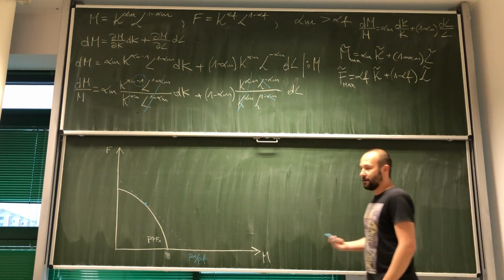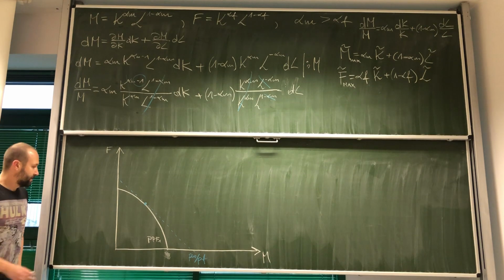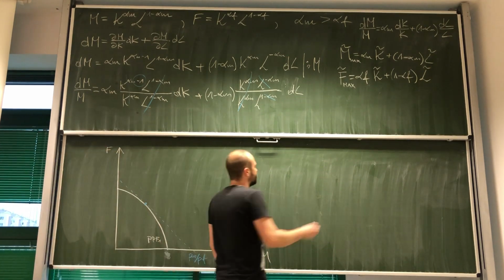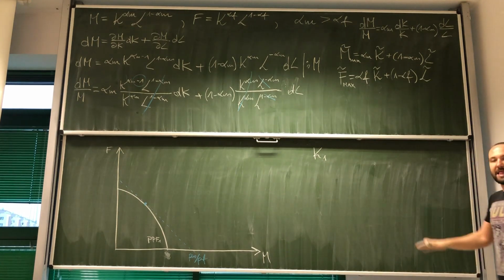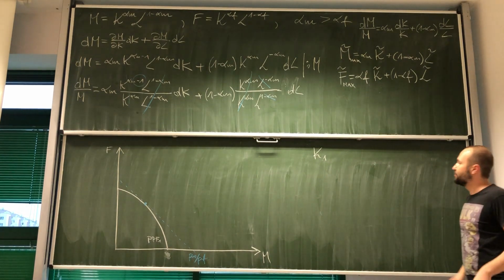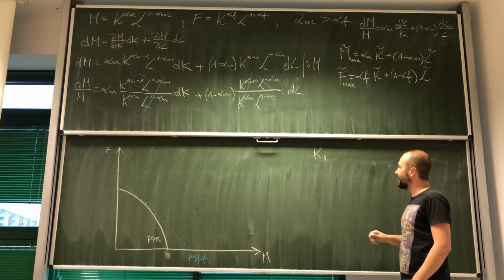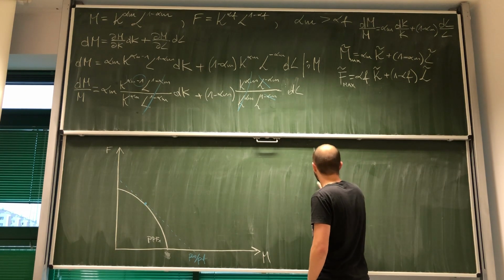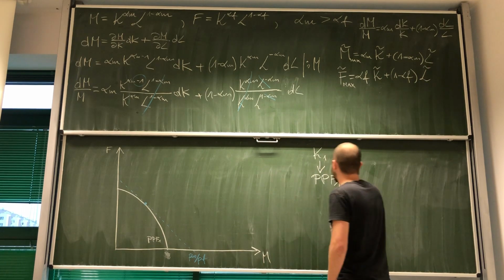Okay, now let's imagine a case like this. Let's assume that level of labor in the economy is constant. But let's just say that at the beginning we had some level of capital K1, and for this level of capital we had production possibility frontier 1.